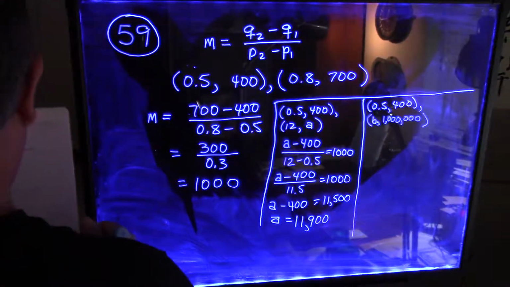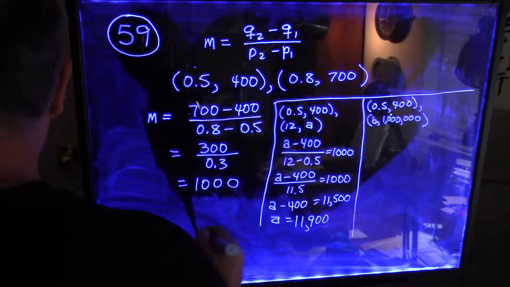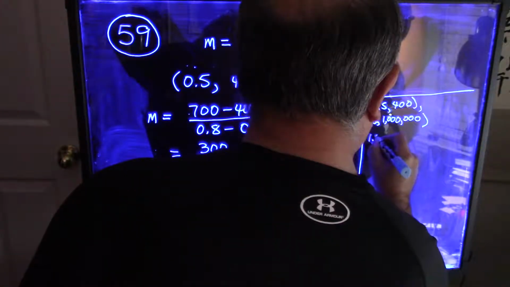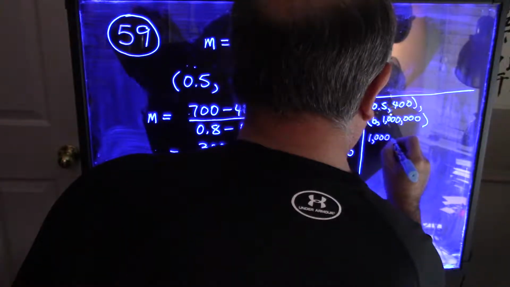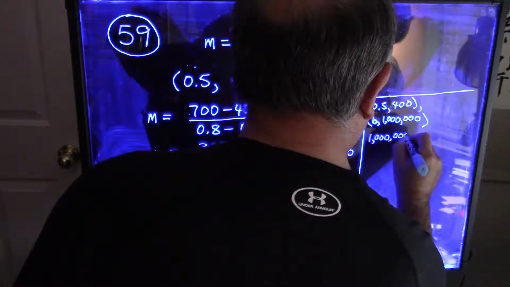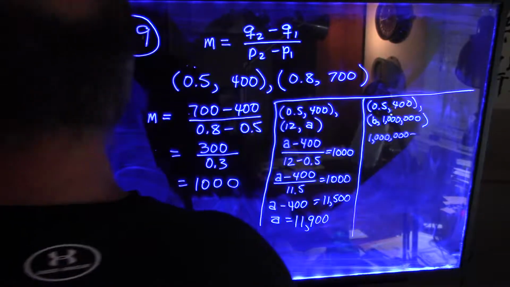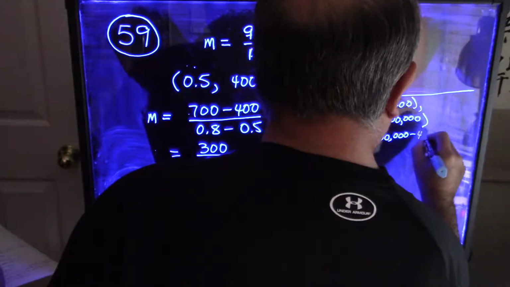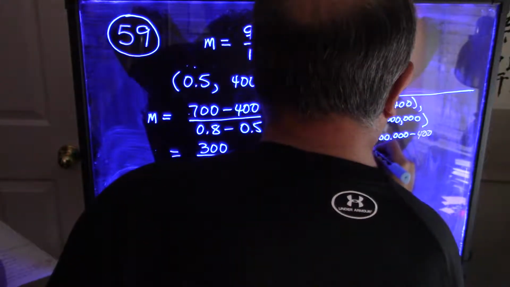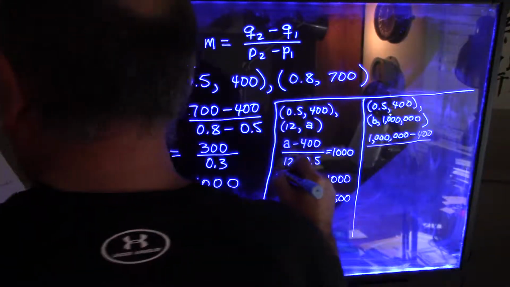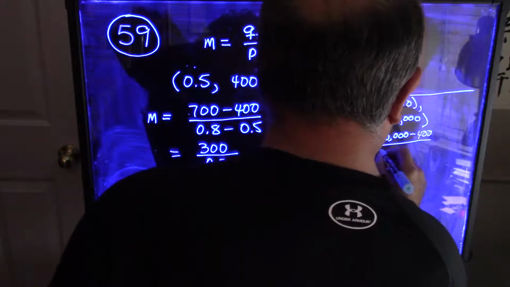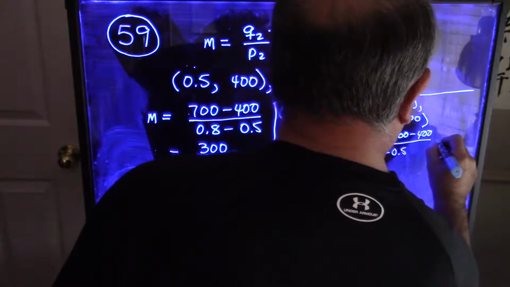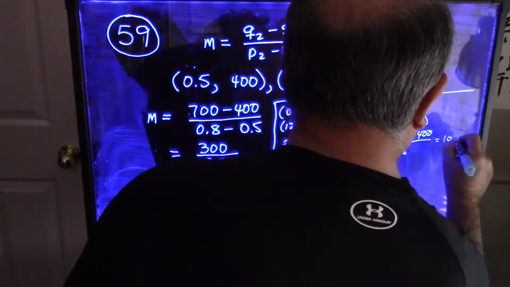And we're going to solve this for b. So using the formula for slope, 1 million minus 400 over b minus 0.5 equals the slope, which is 1,000.